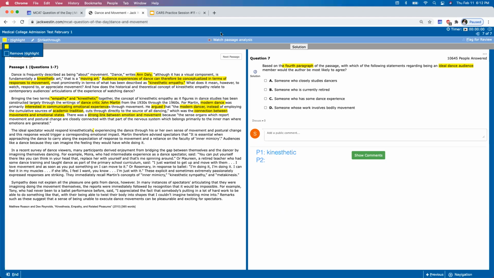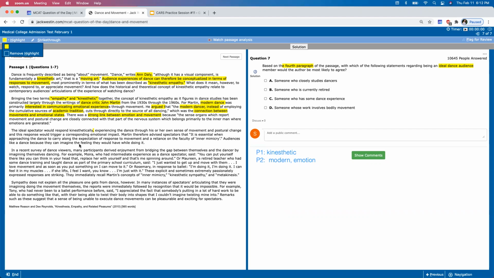Okay, so what do you guys think about this second paragraph? What is it talking about? So we have mentioned the modern dancer, and we have something about emotion and dancing. So I think those are two key take points from that paragraph. What about paragraph 3?